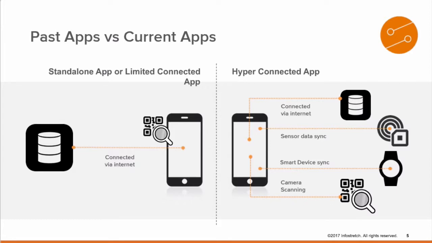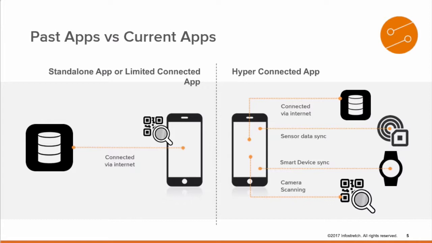We are now controlling our thermostat at home. We are getting synced with our Apple Watch or other smart devices. We are collecting data from different sensors. We are using the camera like never before, for many different things, from QR codes to PDF document making.